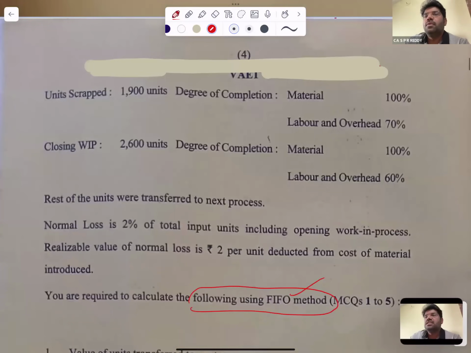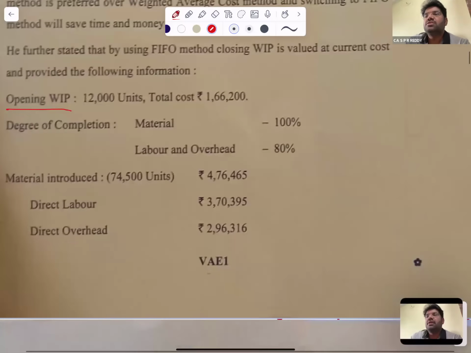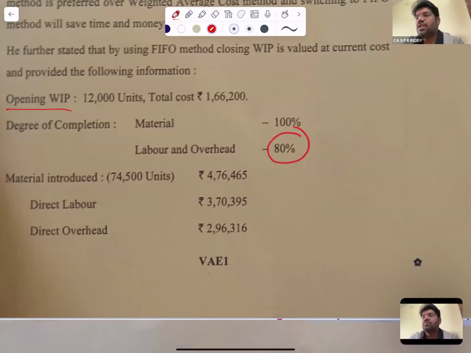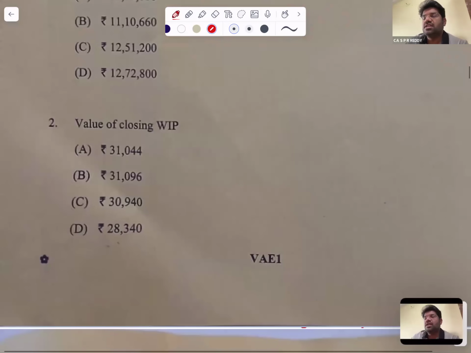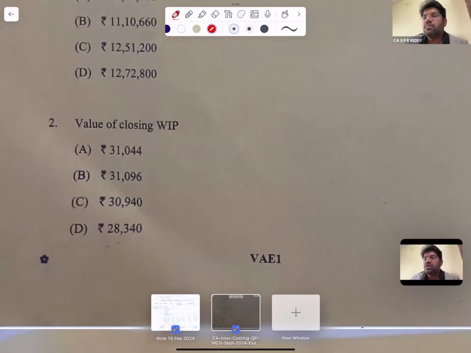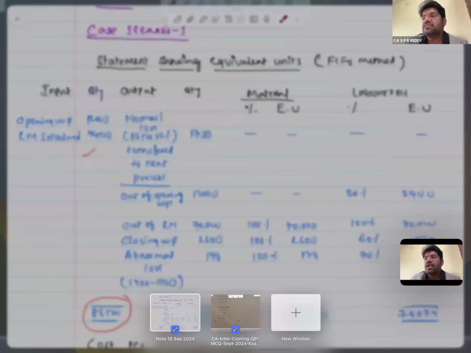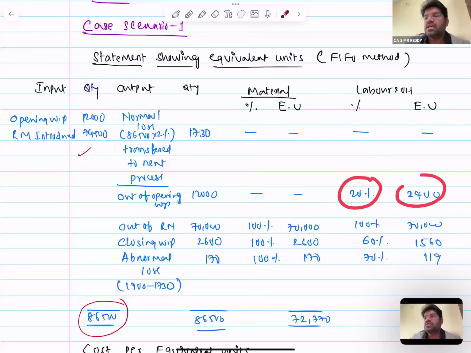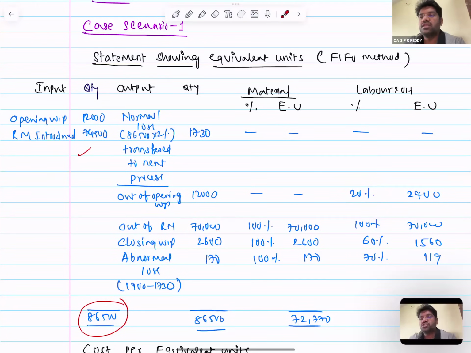You can see for opening WIP labor and overheads, only 80% work was finished during the last period. So the balance 20% only has been done in the current period. So we need to consider only the balance 20%. See here, 2,400. Whereas for the 70,000 units which were processed out of fresh raw material introduced, we can consider 100% for both material as well as labor and overheads.